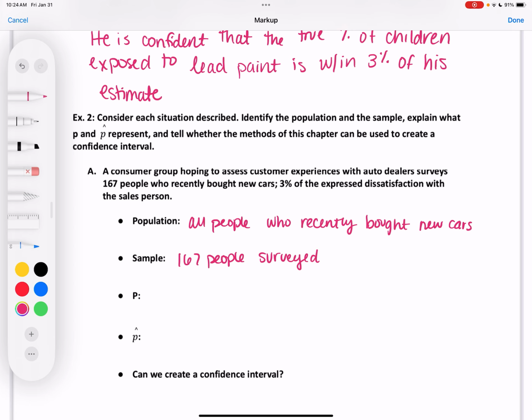P is the true percent of all people who recently bought cars and are satisfied.